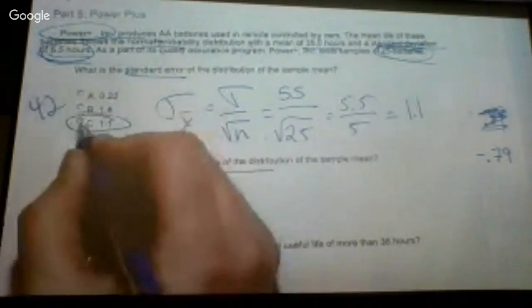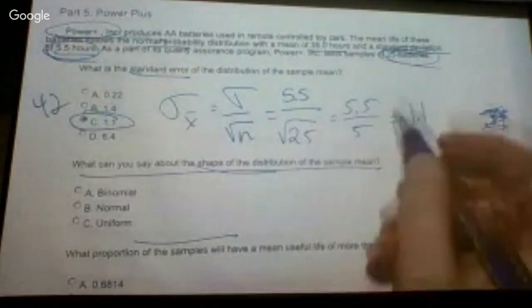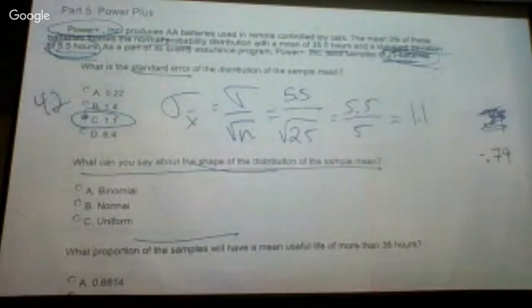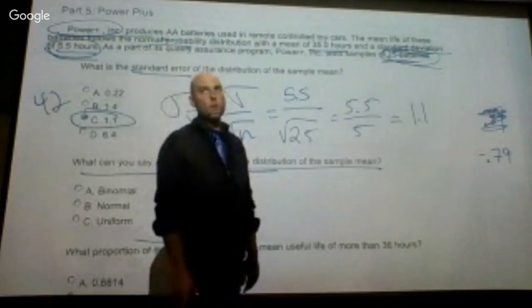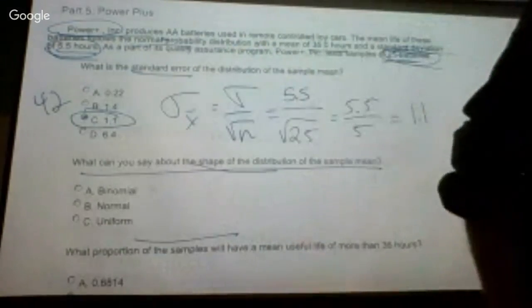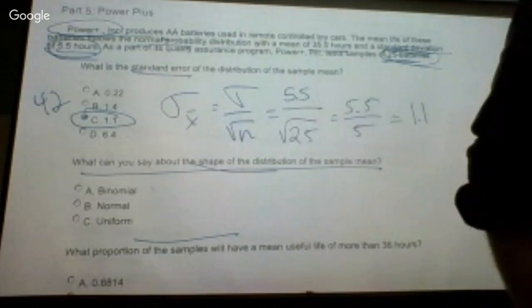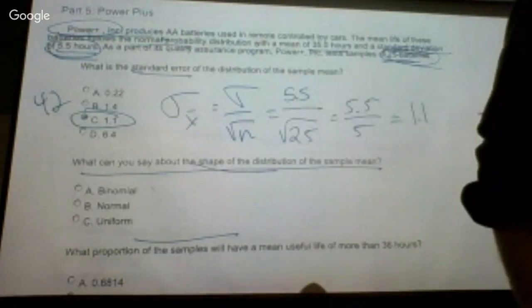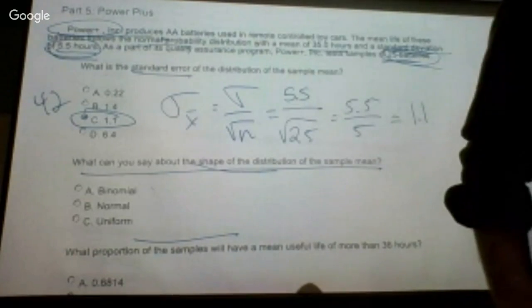42C. What can you say about the shape of the sample? Oh, we only took a sample of 25 batteries, and 25 is not greater than 30. So we can't say that the sampling distribution of means is normal, right?